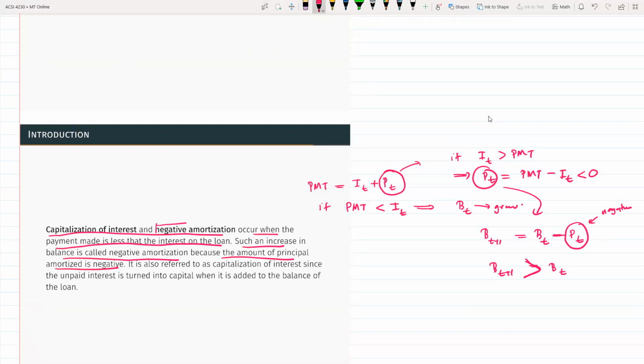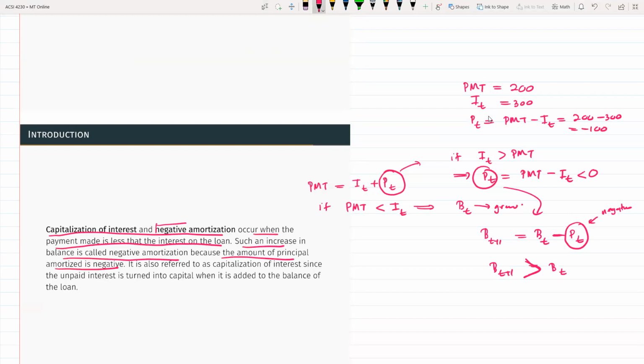For example, let's say your payment is 200 and interest due is 300. Then your principal payment would be payment minus IT, which is 200 minus 300, which is negative 100.